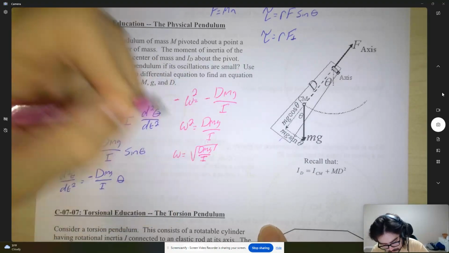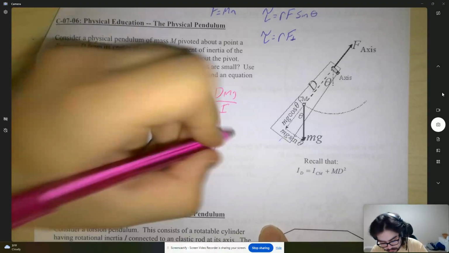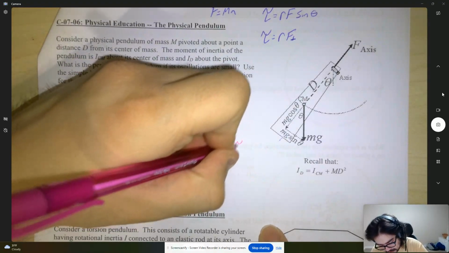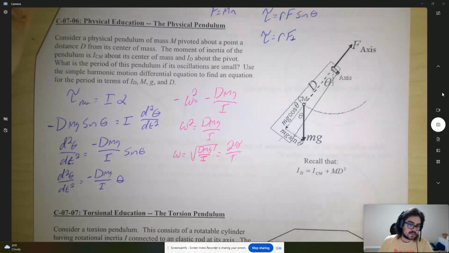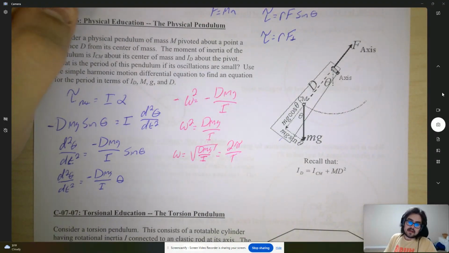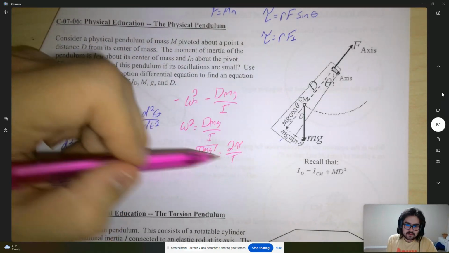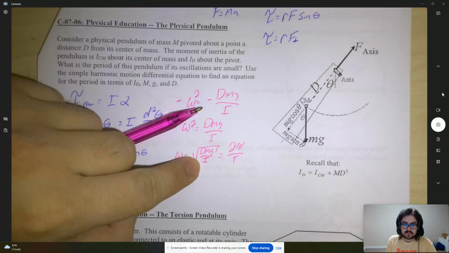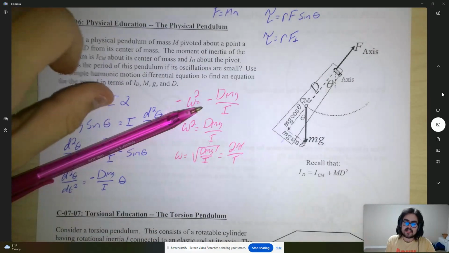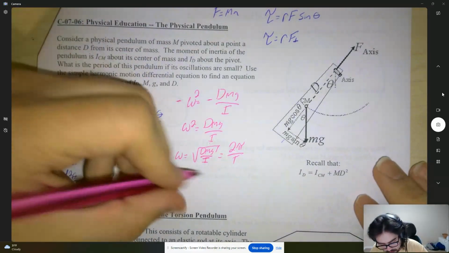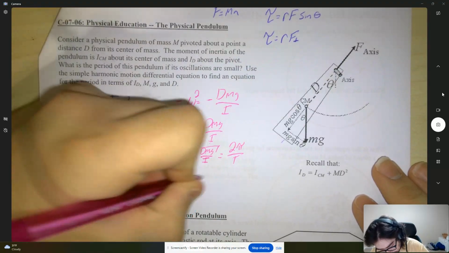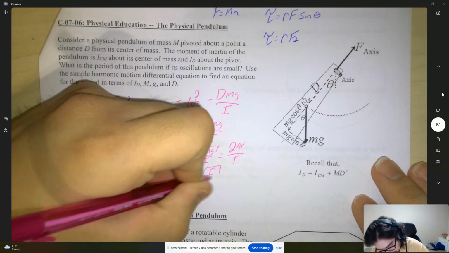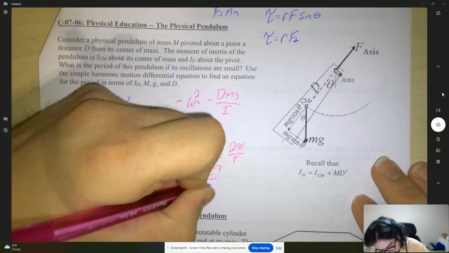Now, I also remember that omega is equal to 2 pi over T. So I'm going to use this equivalency: root dmg over I equals 2 pi over T. I'm going to flip both sides, so T over 2 pi equals root I over dmg.